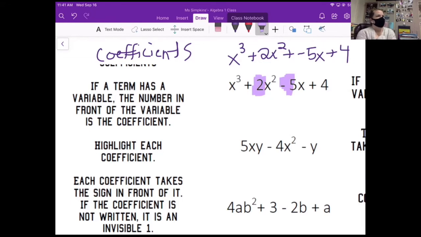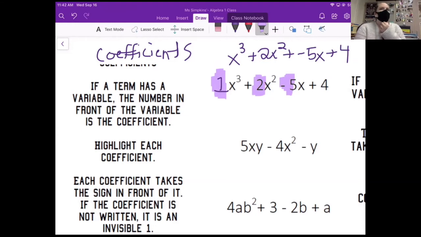It is 1. There is an imaginary 1 that comes in front of that x cubed, and it is a coefficient. And it might even be helpful for you to write the 1 in front of those variables that don't have any numbers so that you remember.